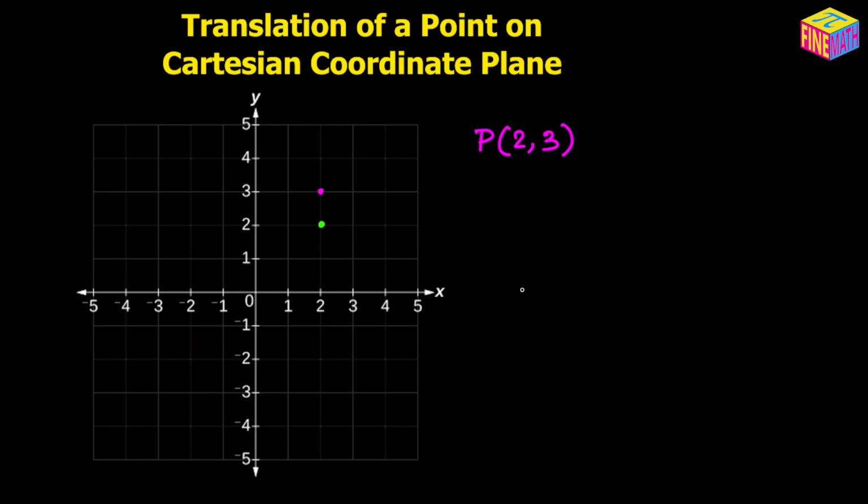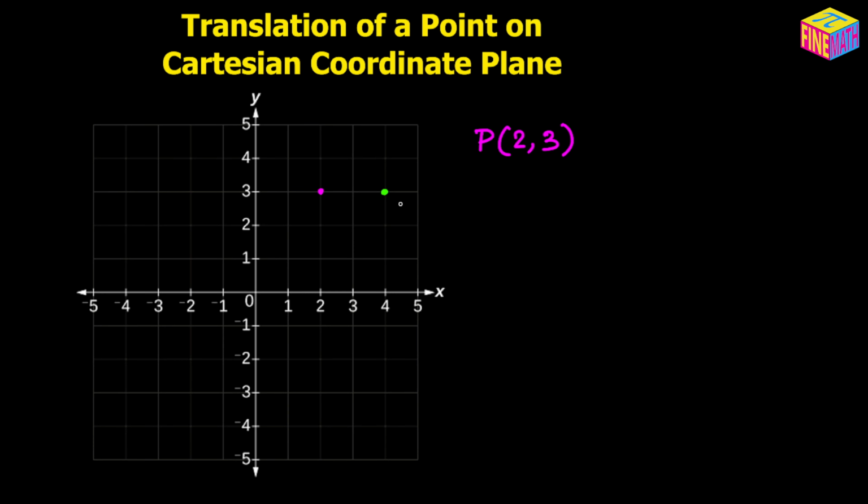Now let's talk about moving a point to the right and left. Let's see what will happen if we move the point P to the right by, say, 2 units. That means parallel to the x-axis, I simply move that point to the new location, which is the green dot. What will be the coordinate of the new location?